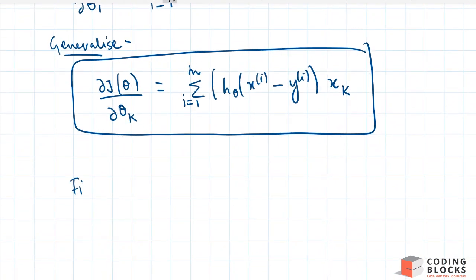So in gradient descent, if you want to find an optimal theta, you are going to update all the thetas.